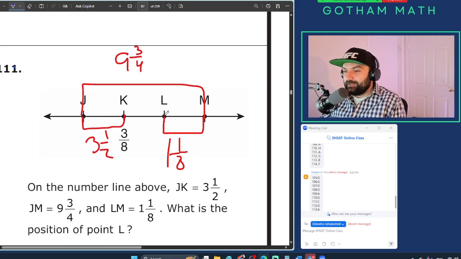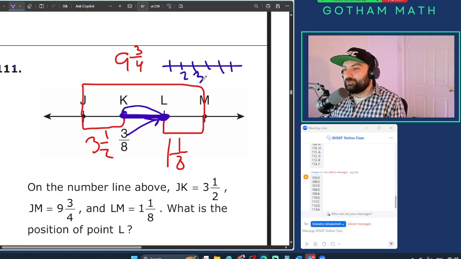In order to find the position of L, you have to find out how long the KL segment is. So you can add that distance to where K is, and it will take you there. Imagine that you have easier numbers, like 2, 3, 4, 5, and something.